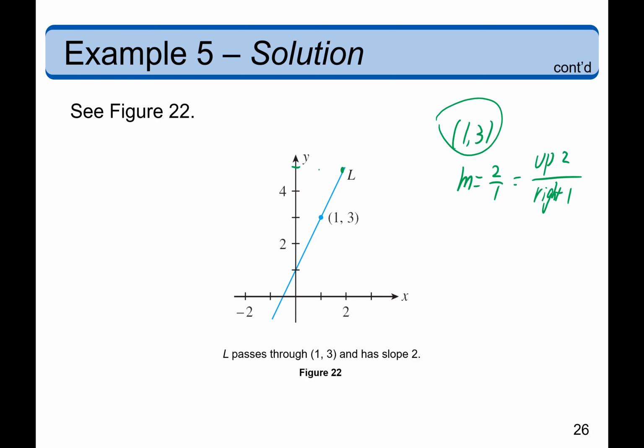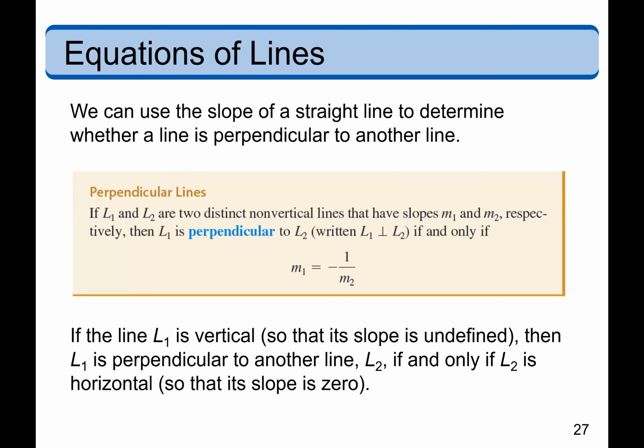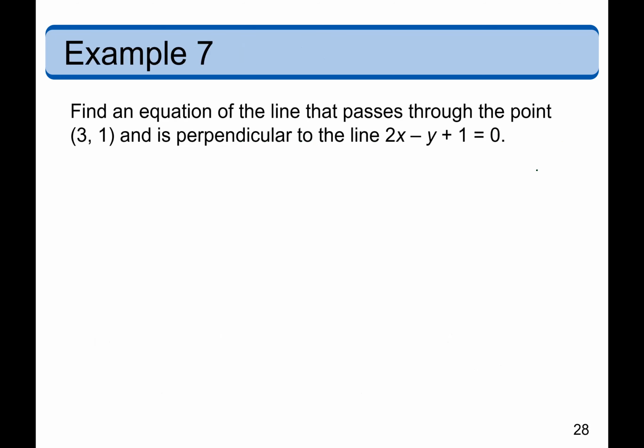Okay, so let's move on. I already talked about parallel lines. What if 2 lines are perpendicular to each other? For 2 perpendicular lines, a very simple equation to describe this relationship is slope number 1 times slope number 2 equals -1.